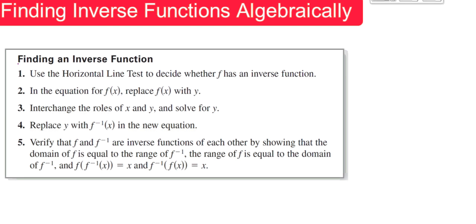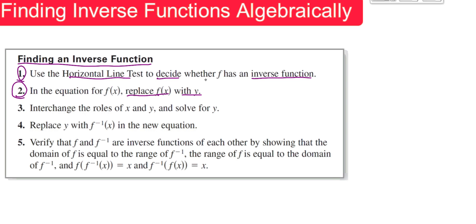So these are the 5 steps for finding an inverse function. Step 1, just using the horizontal line test, decide if it has an inverse function. That's not necessarily anything you write down. Then in the equation, wherever f of x is, you replace f of x with y. That's very easy.